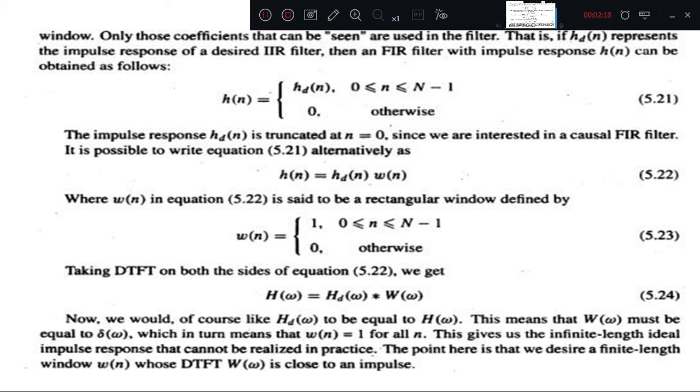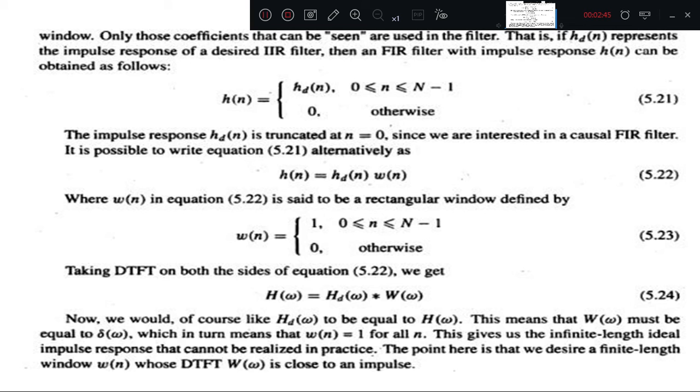The design of a FIR filter using the windowing technique is nothing but obtaining the filter coefficients in both the time domain as well as the frequency domain, right? Before that we have to truncate the frequency response of the ideal IIR filter in order to have the frequency response of the FIR filter.